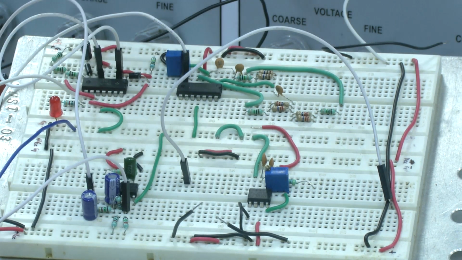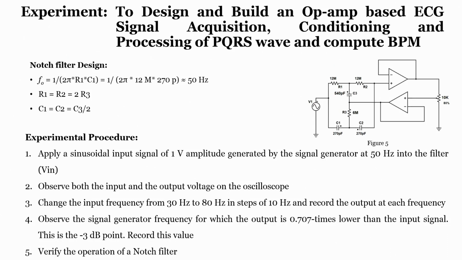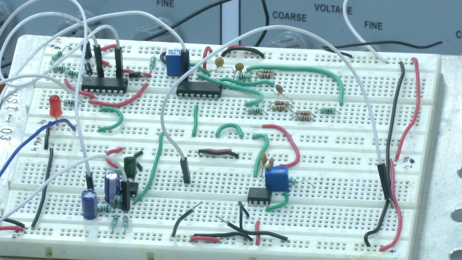Now, the other part that we are using is notch filtering, and that too 50 Hz notch filtering. So, if you recall our resistance values that we have used at that time, somewhere around 12 mega and 6 mega resistor, 270 picofarad and 540 picofarad, right.